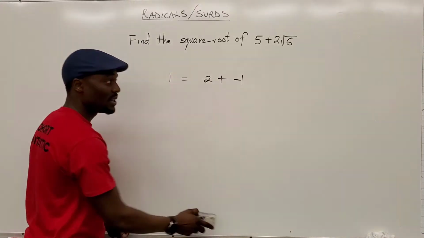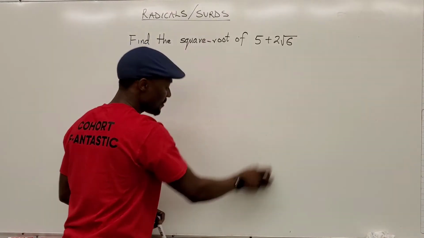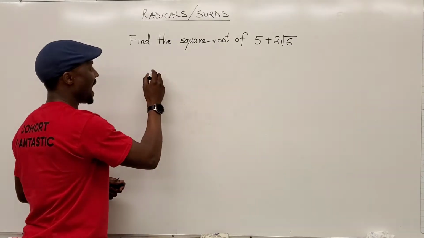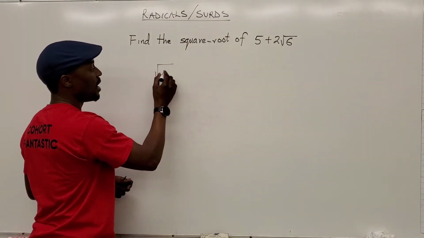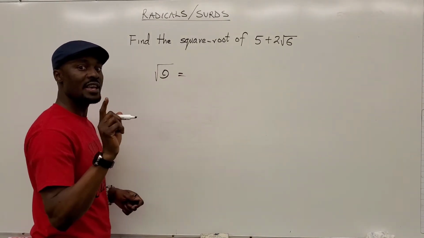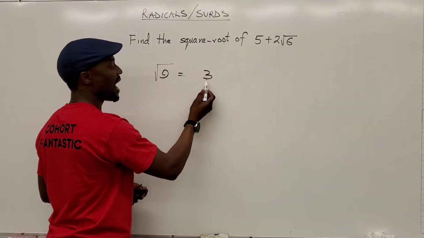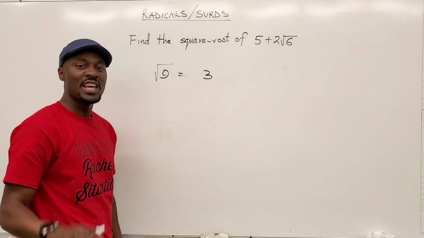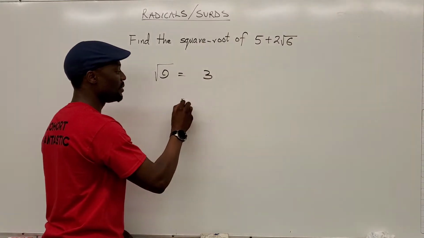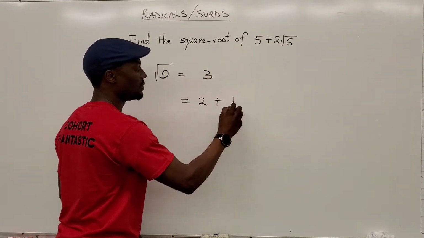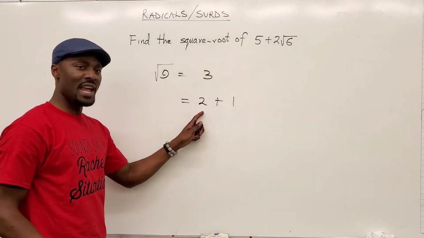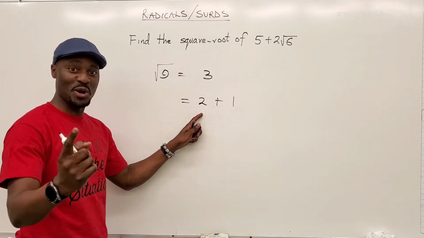Let's think of another foundation we need. You also know that the square root of 9 is 3. But I can decide to break down 3 into the sum of two numbers, which will be 2 plus 1. And every integer that you get is actually the square root of a number.